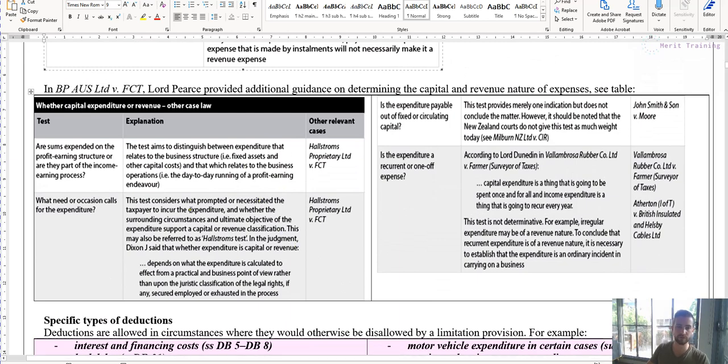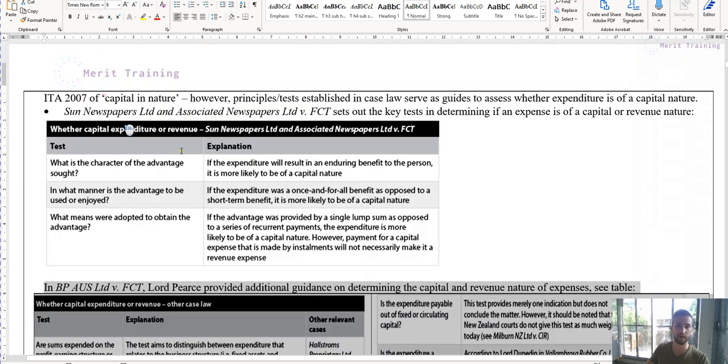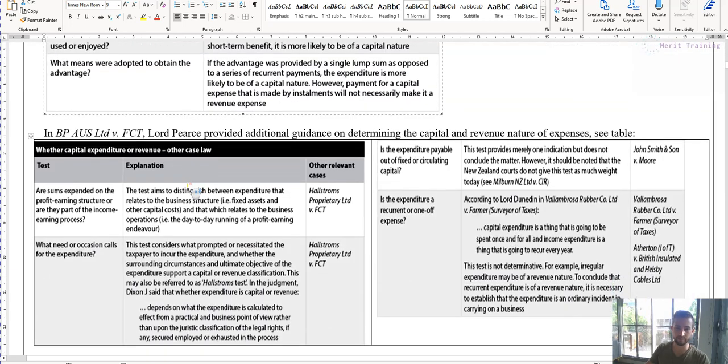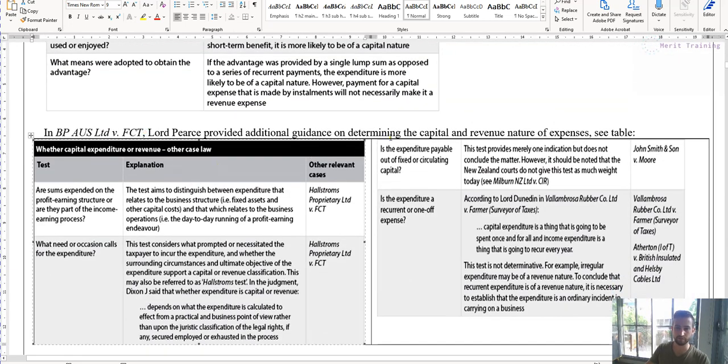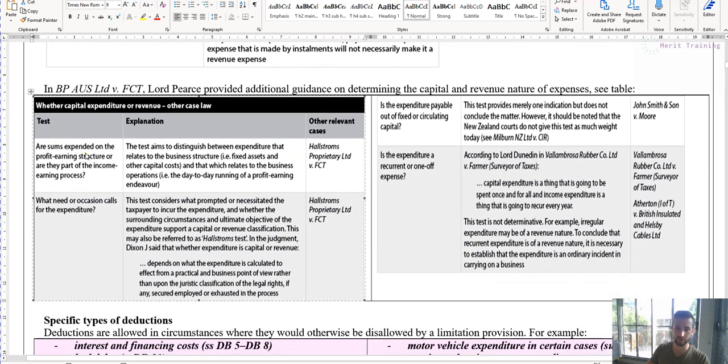There was also some additional guidance in this case, but ultimately this is the primary case, Sun Newspapers. Some of the additional guidance for capital versus revenue on the expense side, not the revenue side, is similar but different. Are the sums expended on the profit earning structure, or are they part of the income earning process? If it's to do with the capital structure of it, then it's going to be capital.